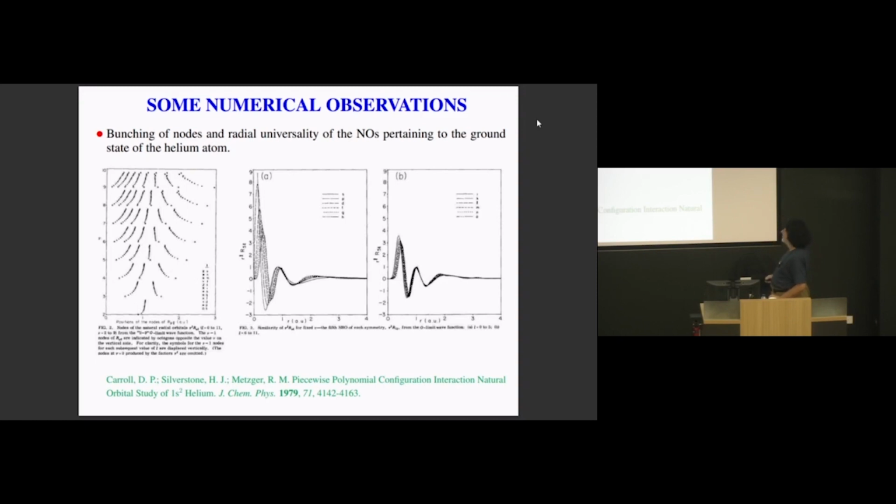What I have here are radial components of natural orbitals for different angular momenta. You can see S, P, D, F, and so on orbitals, and you can see that very quickly they become very similar. There's a repetition of the same thing over and over again. That was observed very early, in '79, but until a few years ago, nobody had a clue how to explain it.